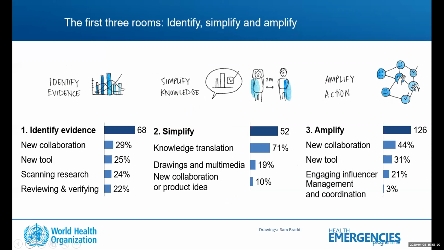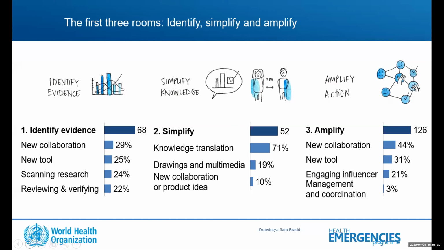So when we're looking at identifying evidence, we see a lot of inputs of suggestions of new collaborations, new ways of working, and new tools. And the other categories were scanning of research. How can we do that in a smart way? And how do we intelligently review and verify the evidence?